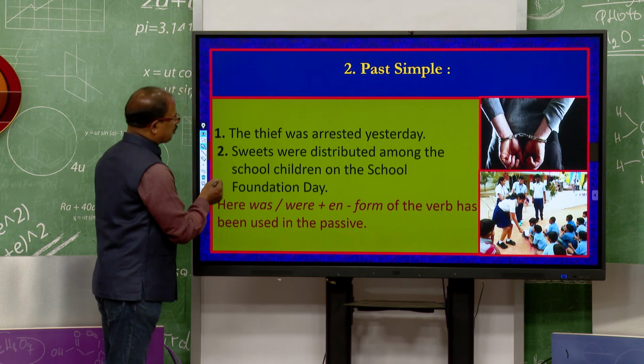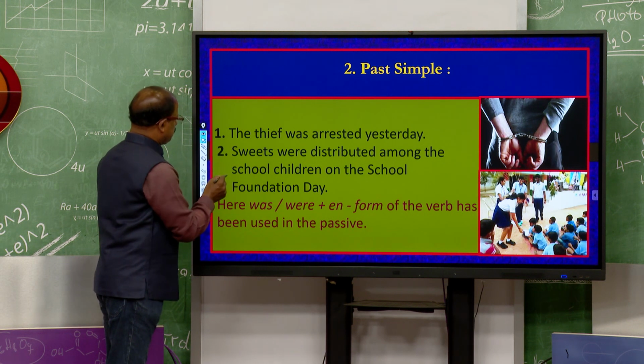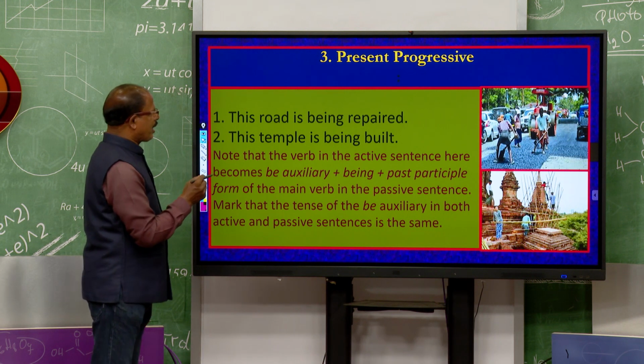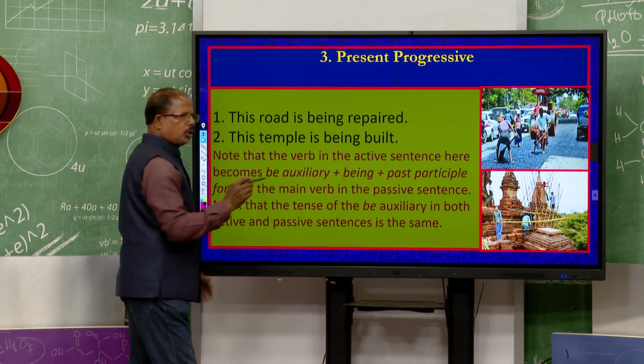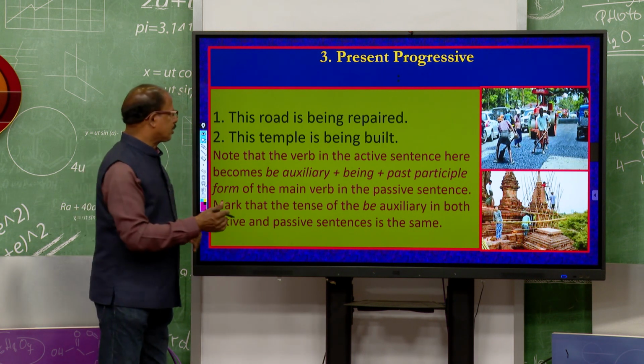Let us see some other patterns, other sentence forms. Present progressive. You see, this road is being repaired. So, people are repairing the road, and the road is being repaired.